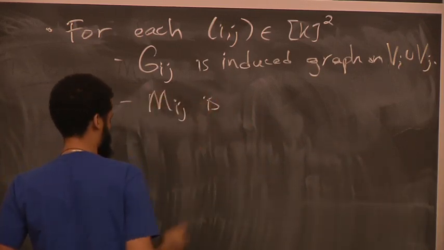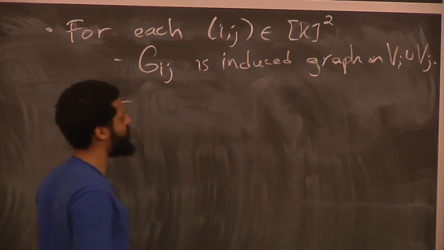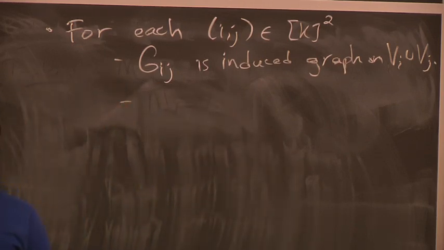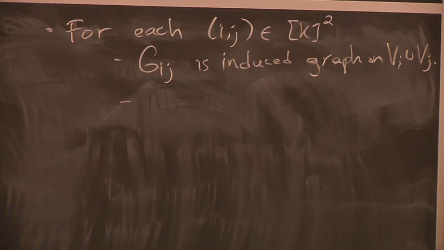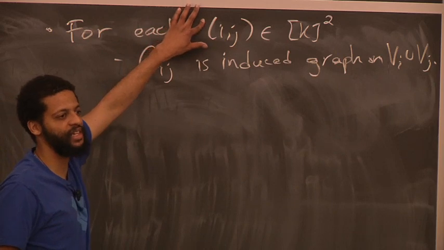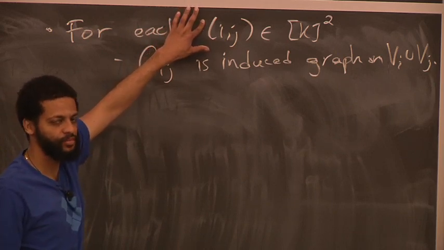Gij is going to be kind of one key. Like i comma j is going to be a possible key coming out of the map phase.